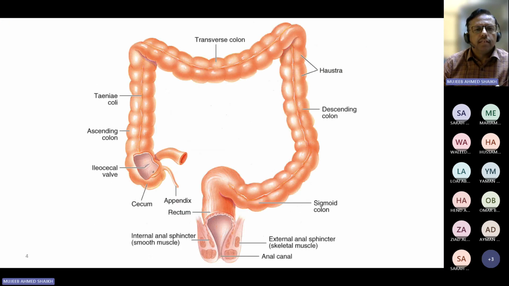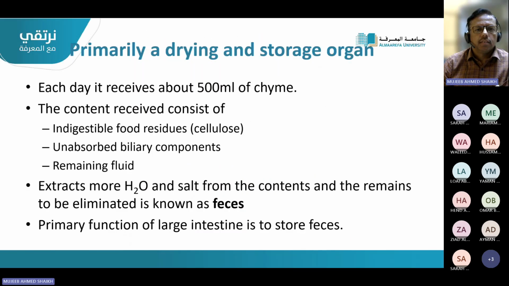So the anatomy of the large intestine, you know the parts. The primary function of the large intestine is drying and storing the feces. Whatever content reaches the large intestine, it will absorb excess water till it is removed from the body.